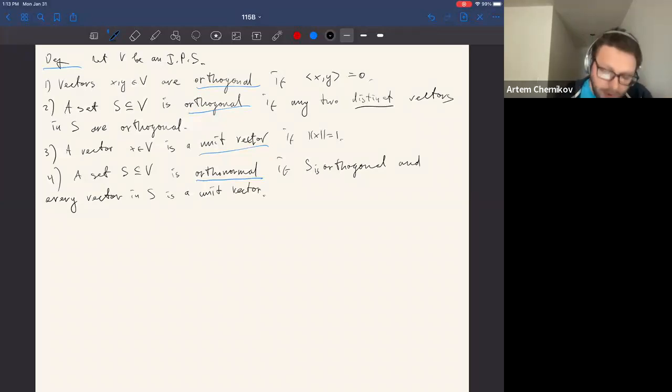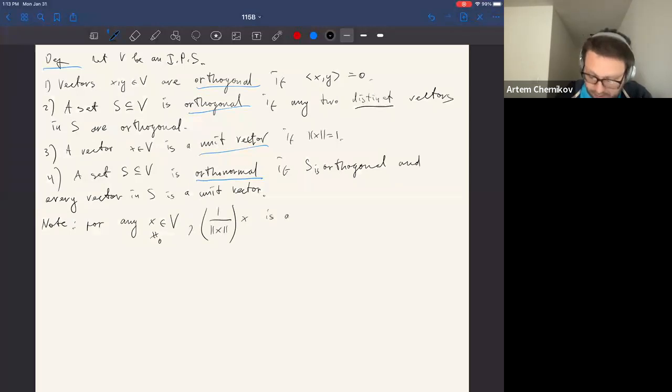Okay. And note that every vector can be normalized, of course. So for any x, an element of V, as long as x is non-zero, 1 over the norm of x times x is a unit vector.